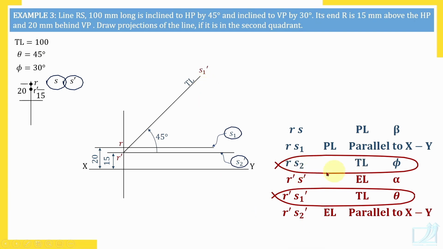Also you can draw RS2. RS2 you should draw through R. So at point R you measure that angle phi. RS2 angle is phi. How much is phi here? 30 degrees. So at point R you measure 30 degrees and draw that line RS2. Okay. So check here. We have brought all 5 measurements on paper. 15, 20, 30 degrees, 45 degrees, and true length 100 we have measured for these two lines.